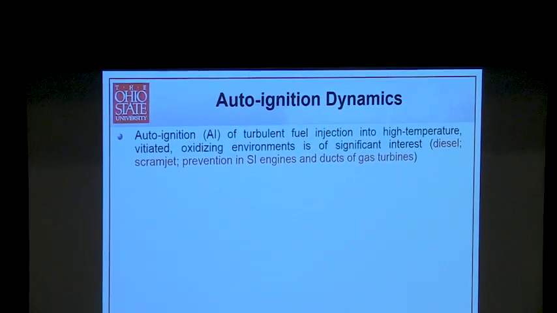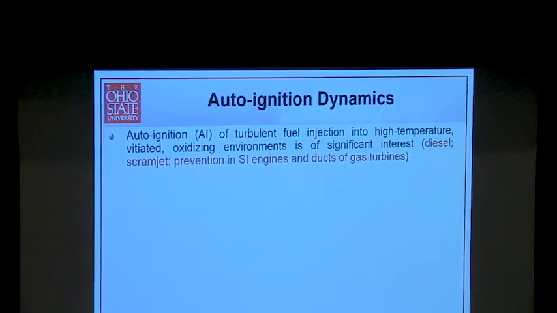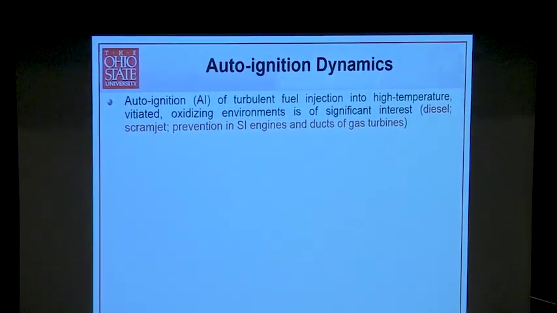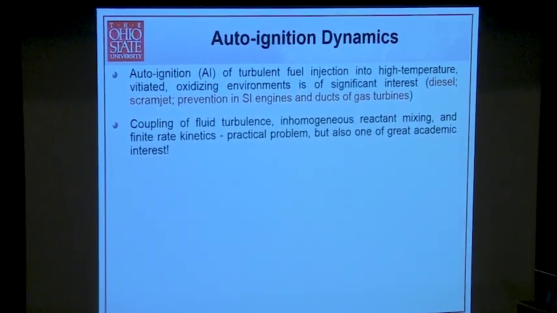Diesel is where it always comes to mind: you have compression ignition, you squirt fuel in, it ignites. It is also important in scramjets, especially for relight applications. You want to prevent auto-ignition in spark ignition engines and in ducts of gas turbines because it can lead to catastrophic failure of components.